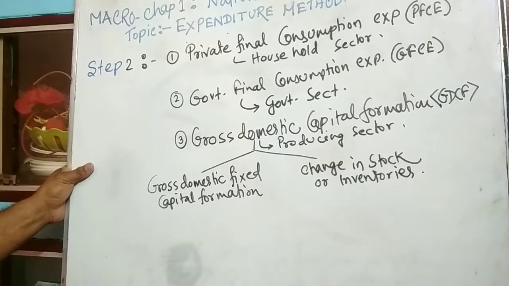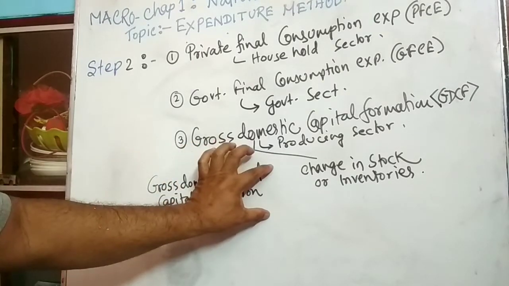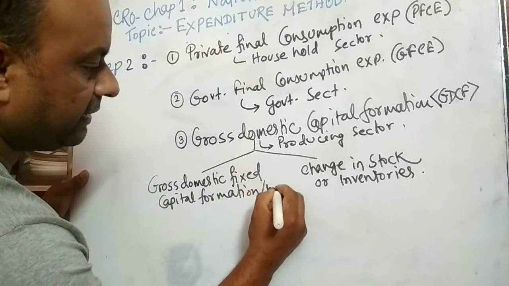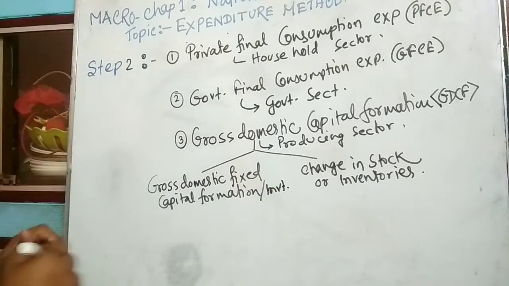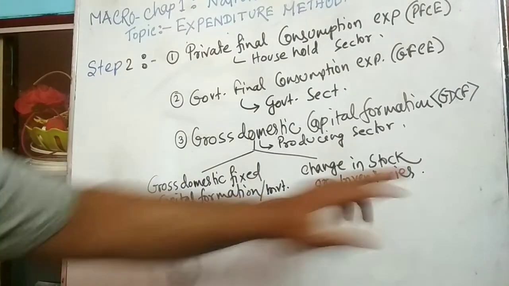These are the two parts of it. Gross domestic fixed capital formation, or fixed investment, capital formation and investment, same thing. And change in stock, or change in inventories, or increase in inventories.